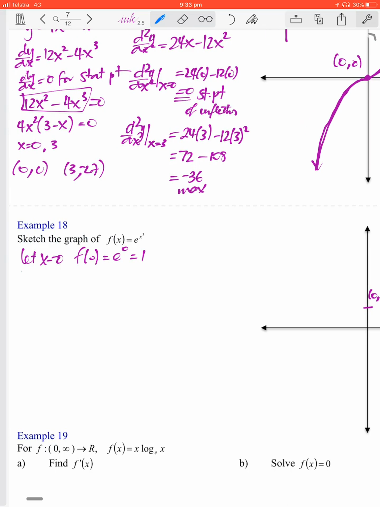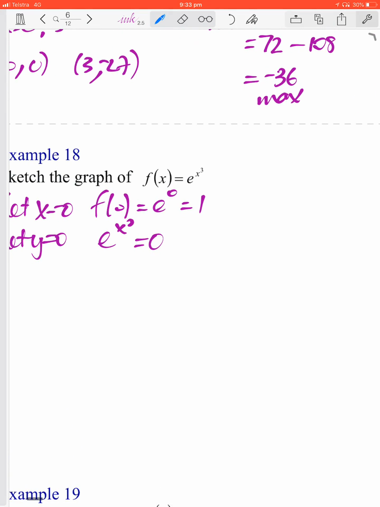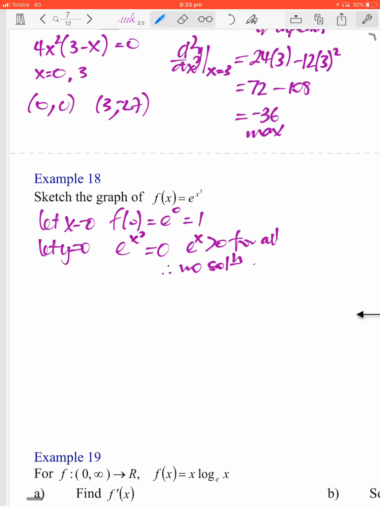If we let y equals 0, we get e to the x cubed equals 0. Now we know e to the x is greater than 0 for all x. So there is no solution, because it's always going to be greater than 0. Now let's have a look at the derivative. F dash of x is 3x squared e to the x cubed.